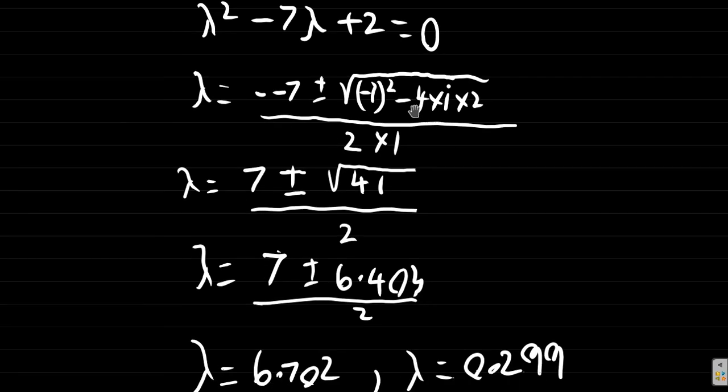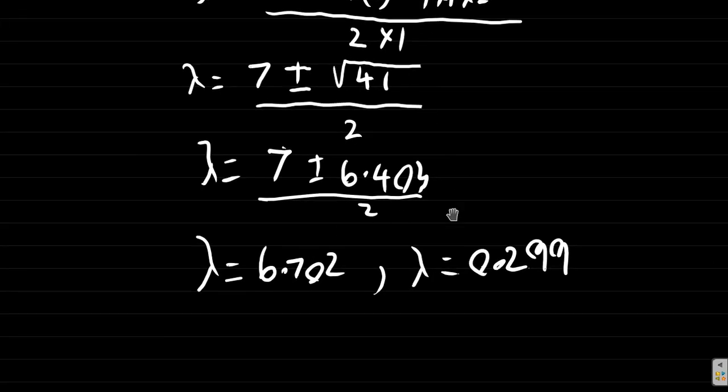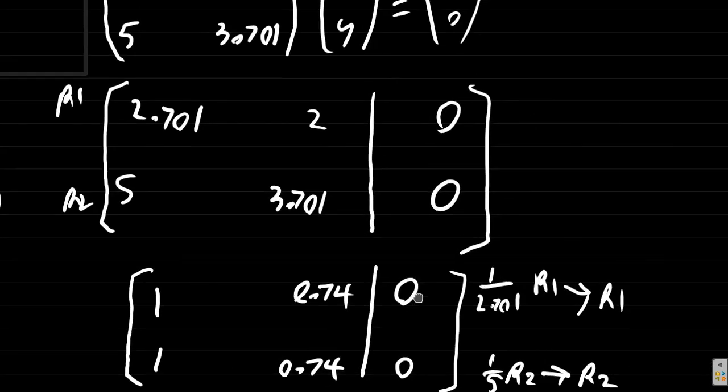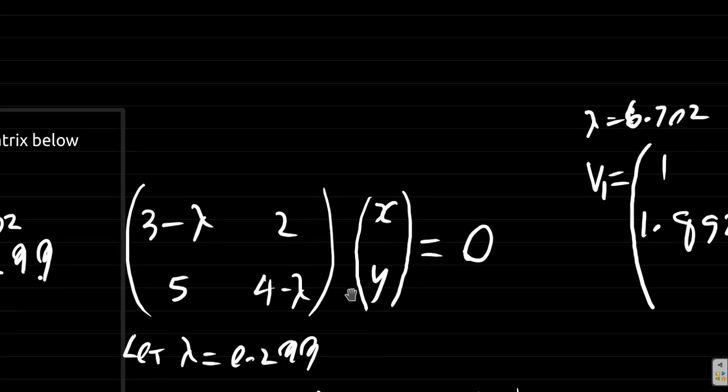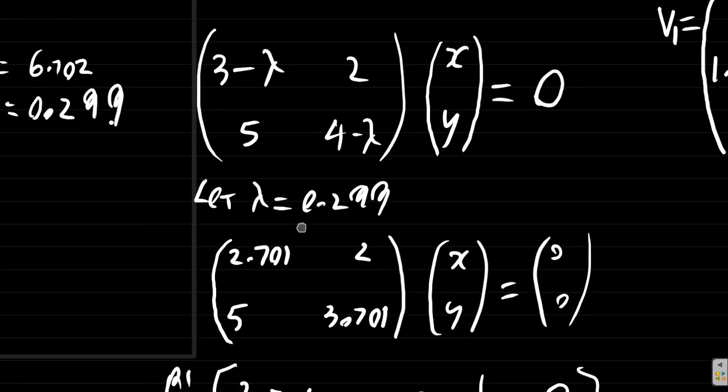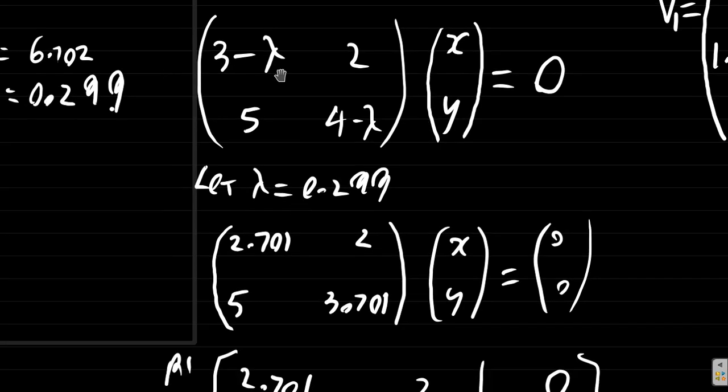And then in order to find the eigenvectors, once we have found the eigenvalues, we take each eigenvalue separately. For lambda, we multiply by the vector. Sometimes they call it V1 or V2, right?